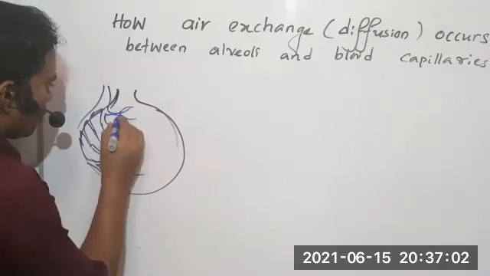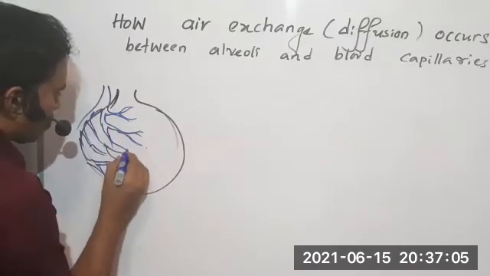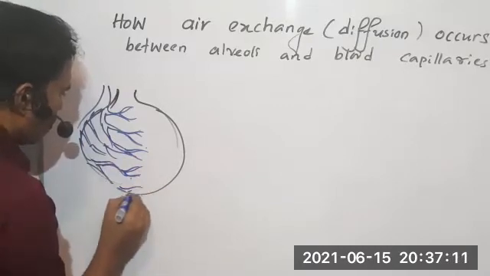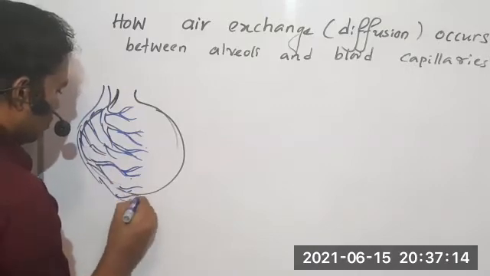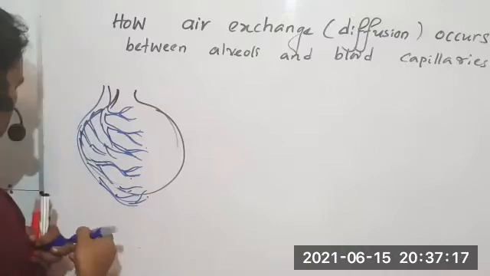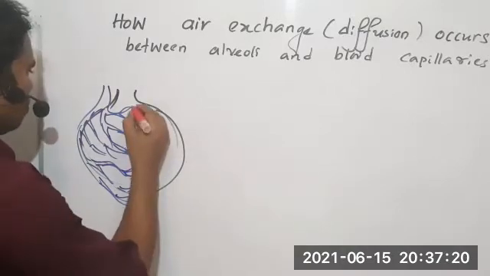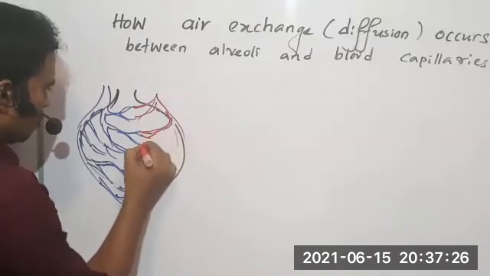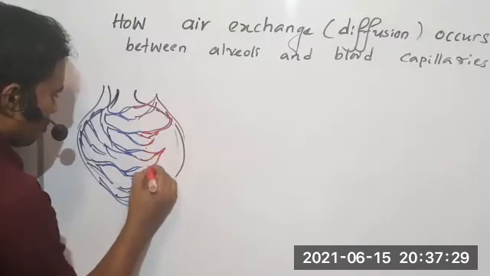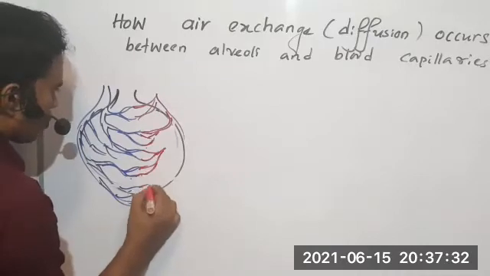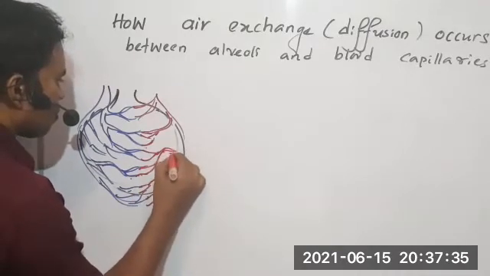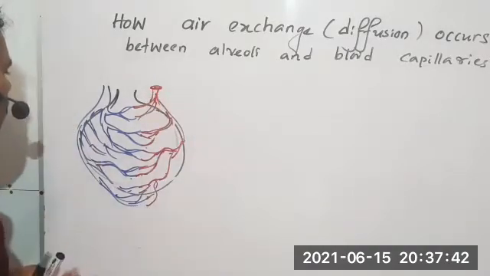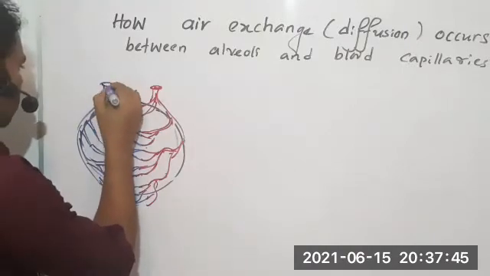So it moves like this. Then after the diffusion, they get collected together. So this is the actual structure.